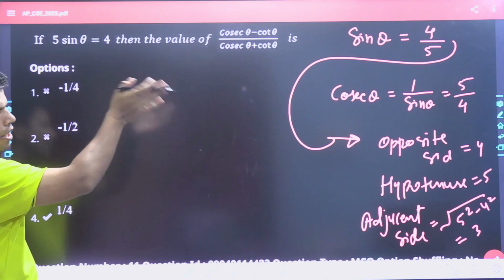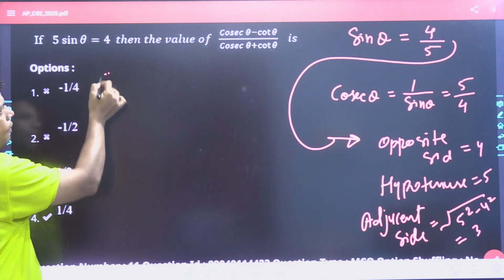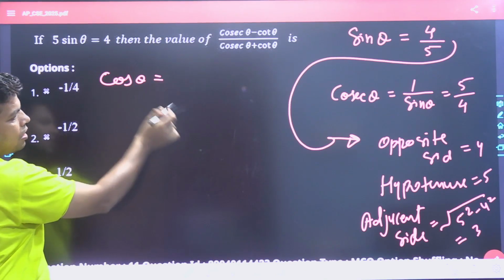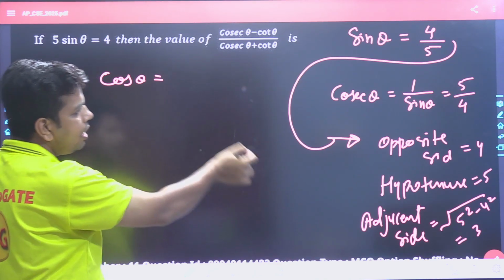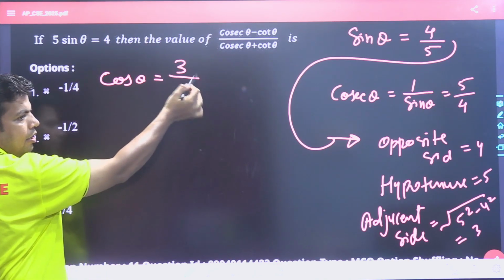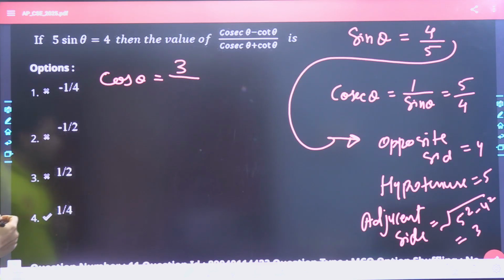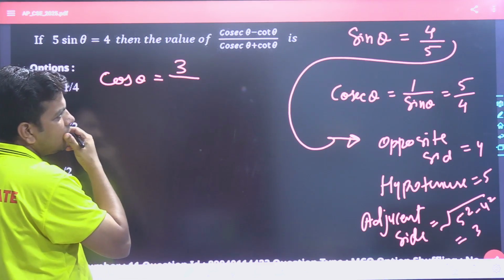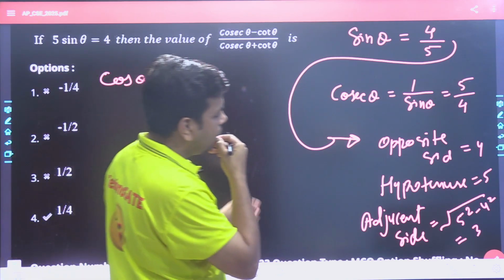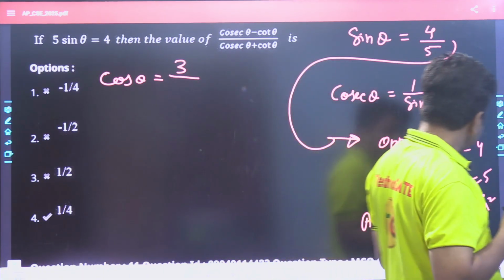What can we compute? The value of cos theta, base divided by hypotenuse.